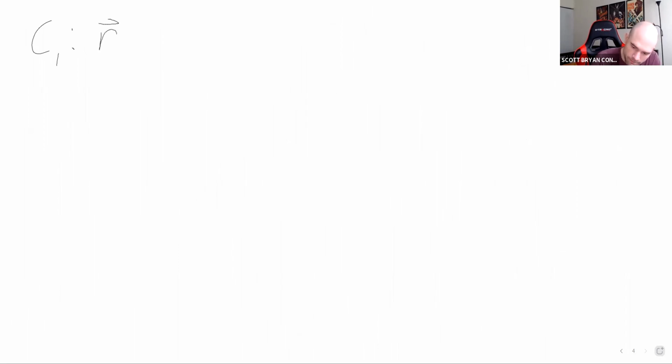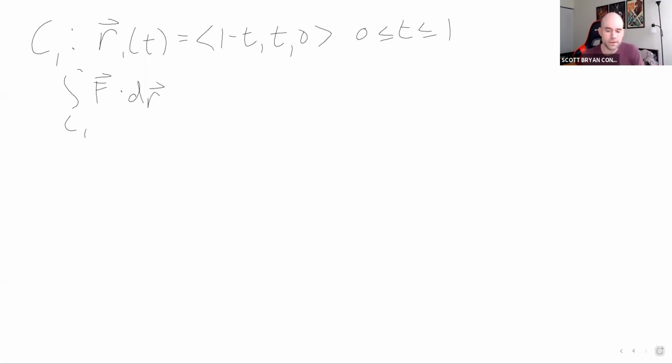So just a reminder, R1 of t we said was 1 minus t, t, 0. T goes from 0 to 1. So we want the integral of the vector field.